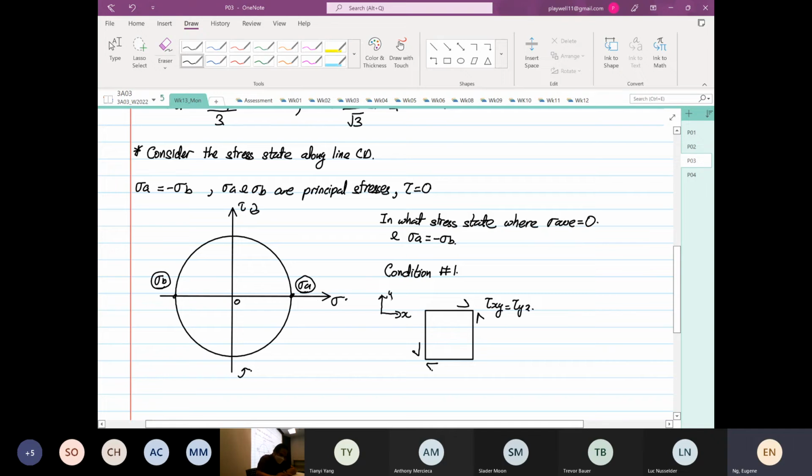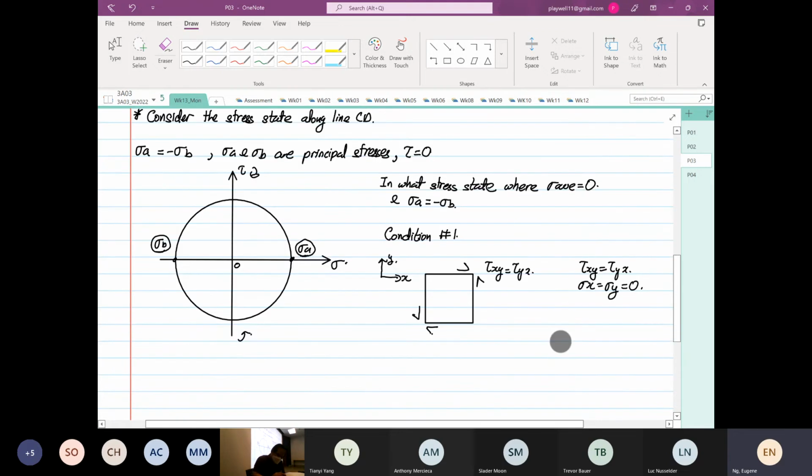This is X, and this is Y. For this case, when we construct the Mohr circle, we will get what we see on the left hand side. Yes or no? So I'll write over here. Condition number 1: shear XY is equal to shear YX. Stress X is equal to stress Y, and they are all equal to 0.